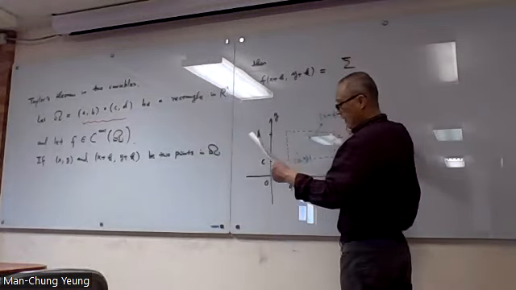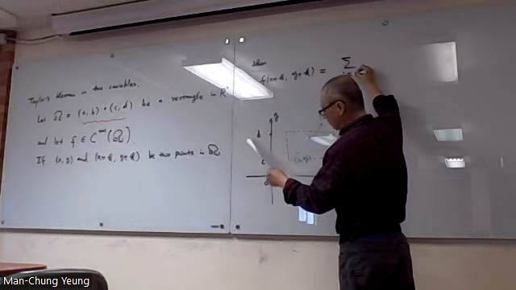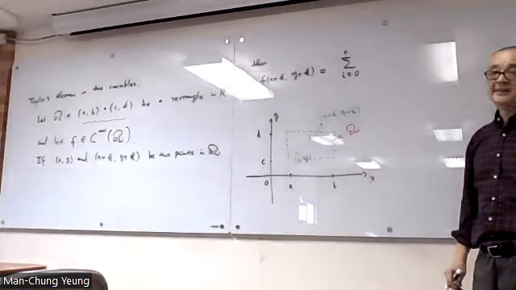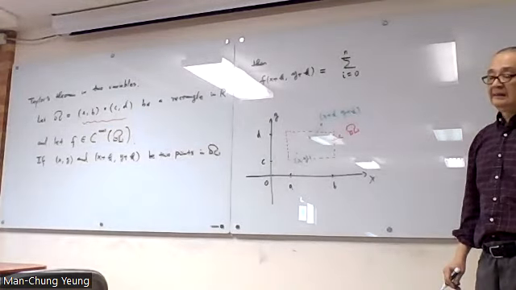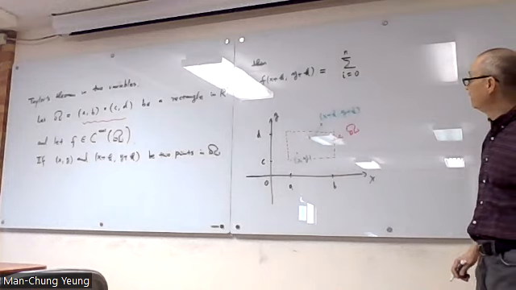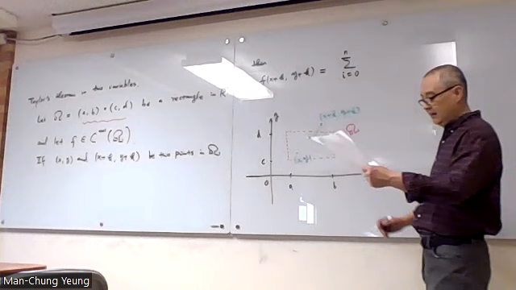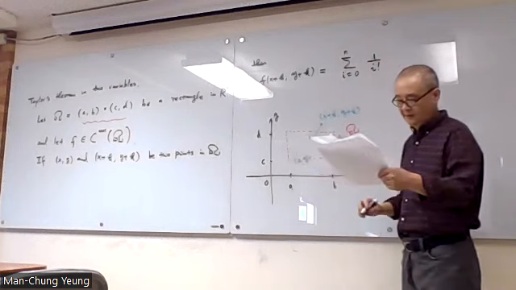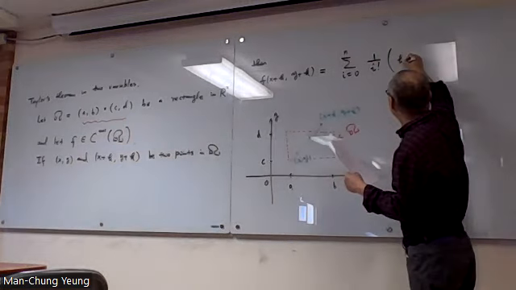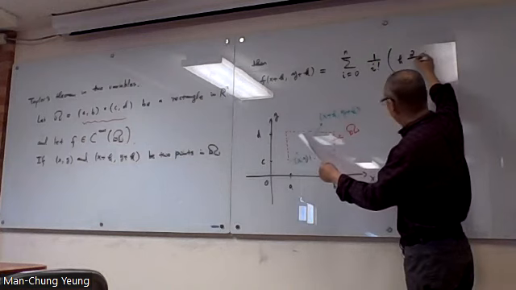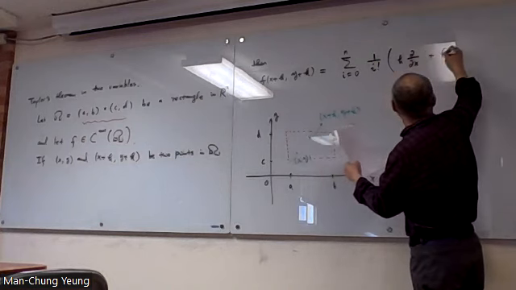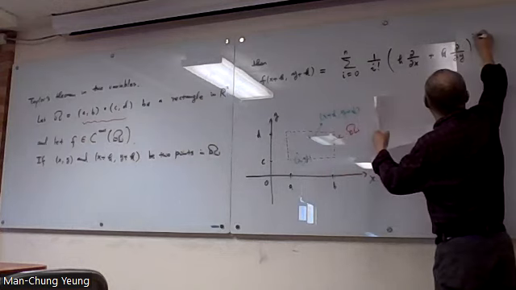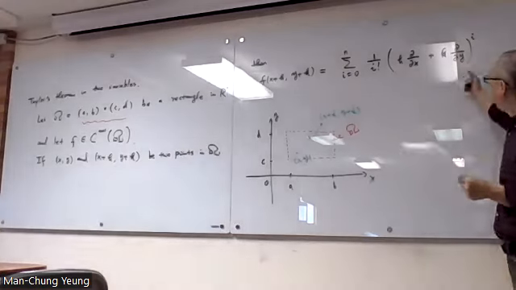Summation, I is an integer starting at 0 and ending at n, of 1 over I factorial times (h partial x plus k partial y) to the power I, applied to f at (x, y).